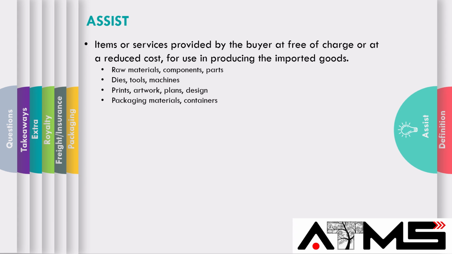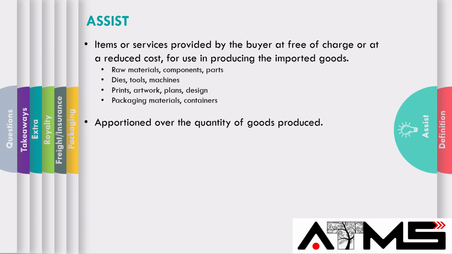However, it can also include molds, tools, dies, equipment, engineering, design work, or packaging material supplied free of charge. In case of engineering and design work, if they were done in the US, they are not part of the dutiable value. They become dutiable value if they were done outside the US. Please keep that in mind.